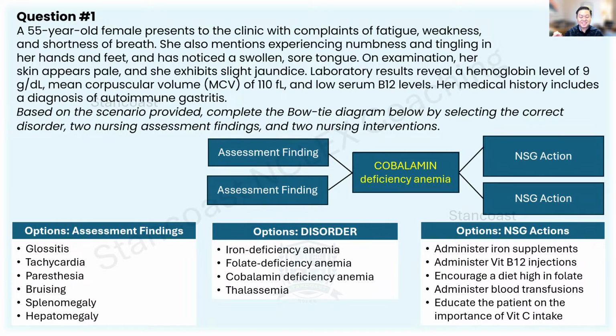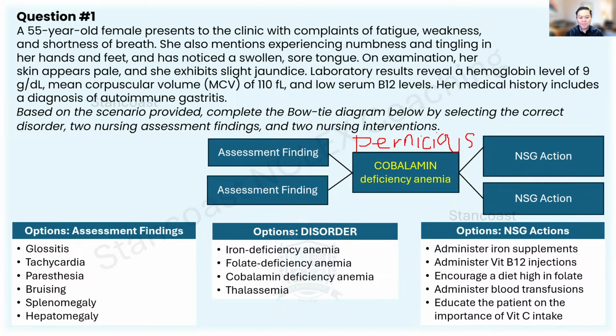And there is that inability to absorb the vitamin B12 because of the lack of the intrinsic factor. And again, this is caused by the autoimmune gastritis. So I'm just going to put it right here. Actually, specifically, this is going to be the pernicious anemia. I just don't have the extra room. So this is pernicious anemia, which is a type of the vitamin B12 deficiency anemia.